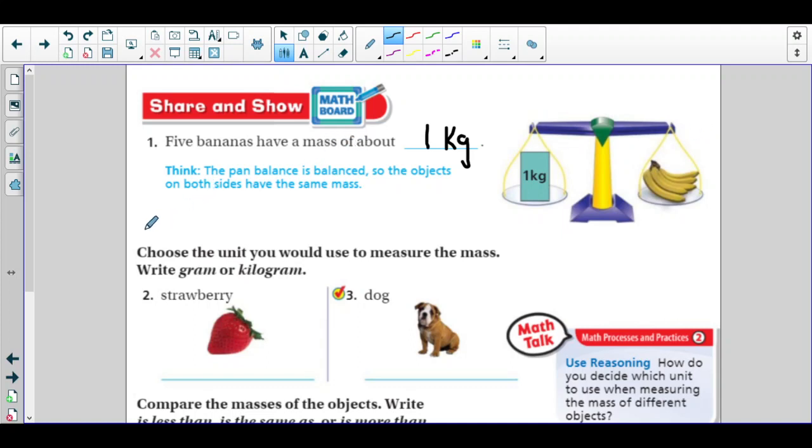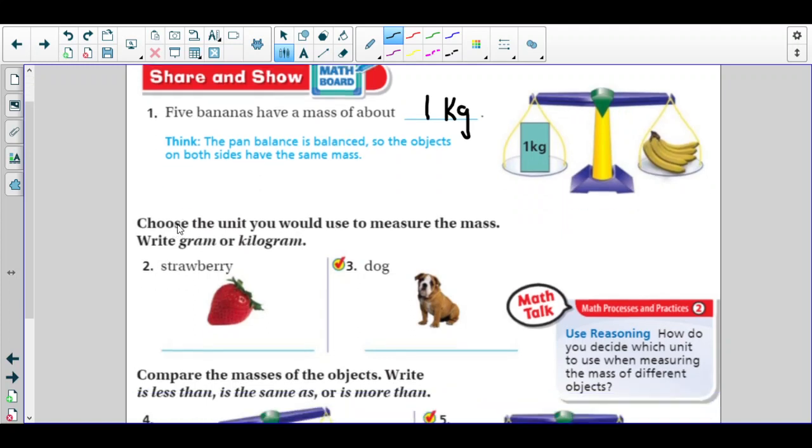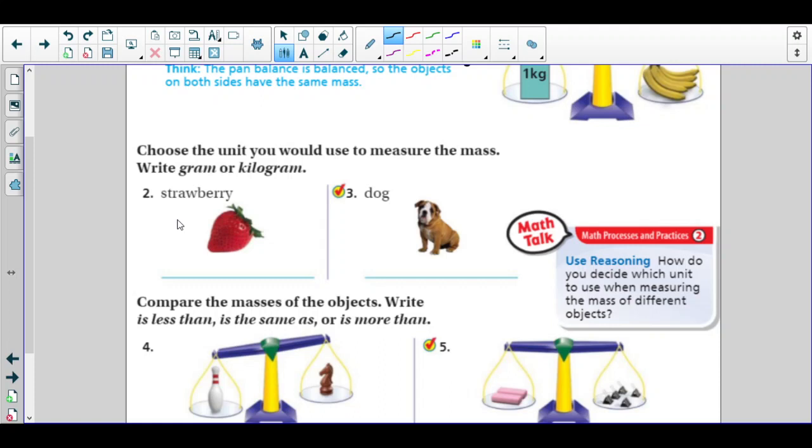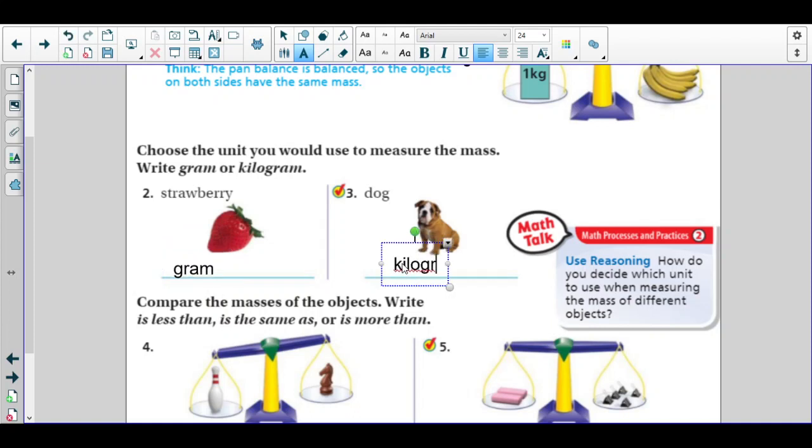So now down here, let's choose the unit you would use to measure the mass of these objects, or living objects, I guess. For the strawberry, we're going to use the gram. And for the dog, we're going to use the kilogram.